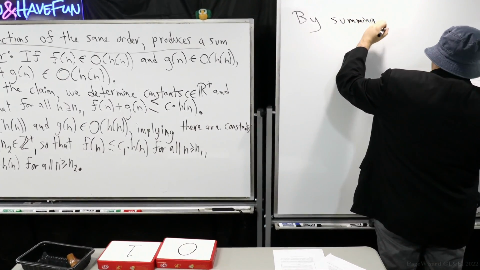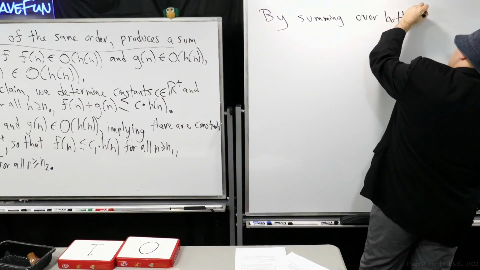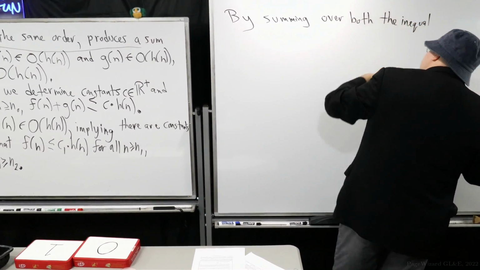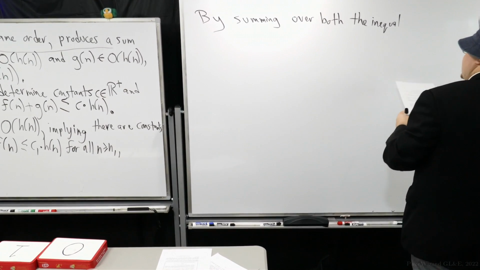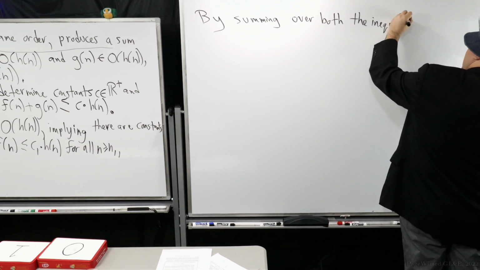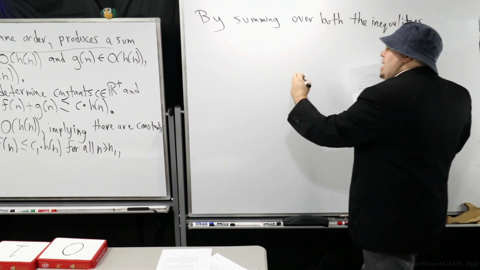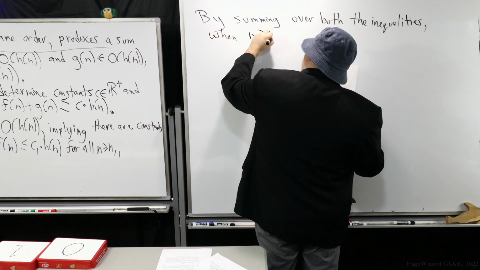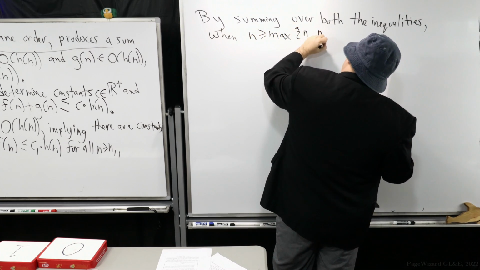By summing over both the inequalities. If you find yourself not satisfied with that description, you can always give names to the inequalities. Over both the inequalities, when n is greater or equal to the max of n1 and n2.